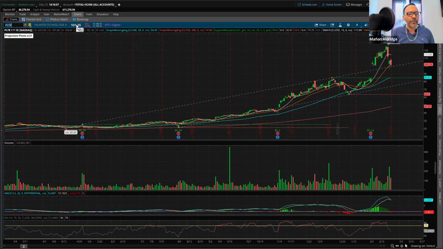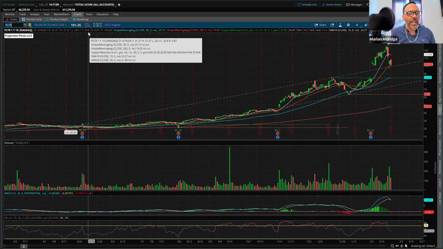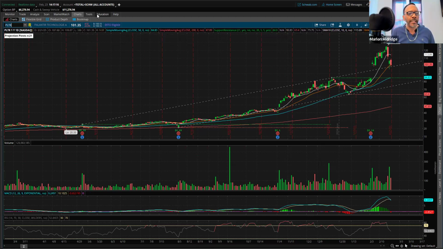Here you can see this would have been as of Friday, we can see that the price was trading at $101.34. The box next to that, you can see that the stock was down $4.92, or it was down 4.63% as of the preceding day.